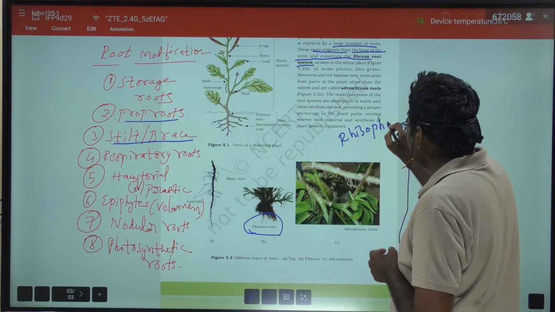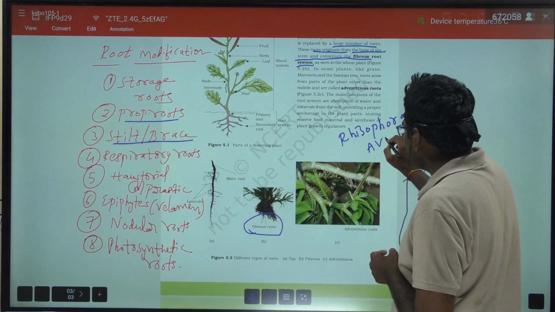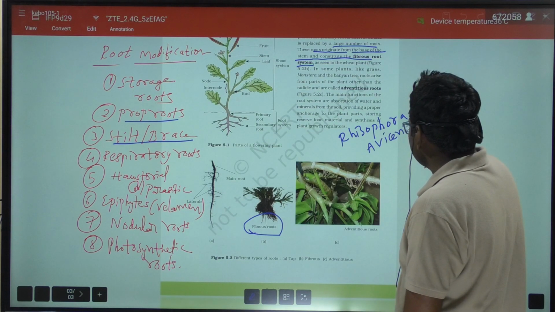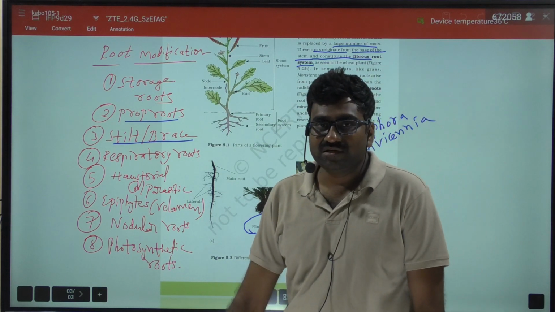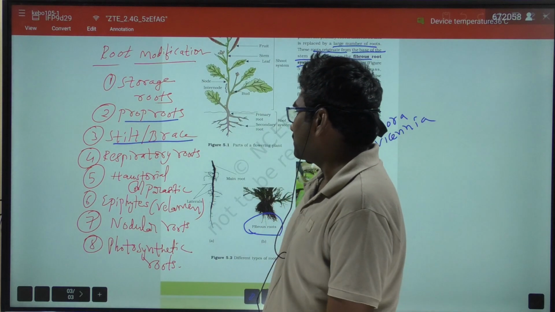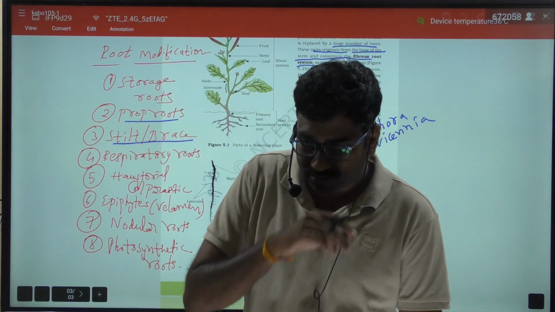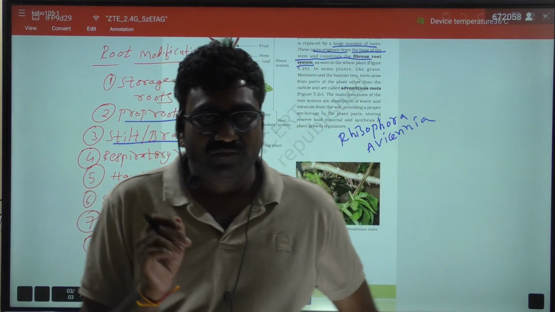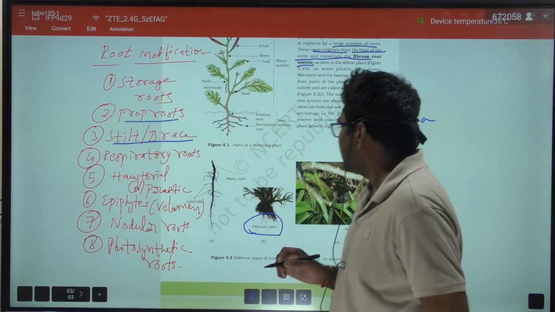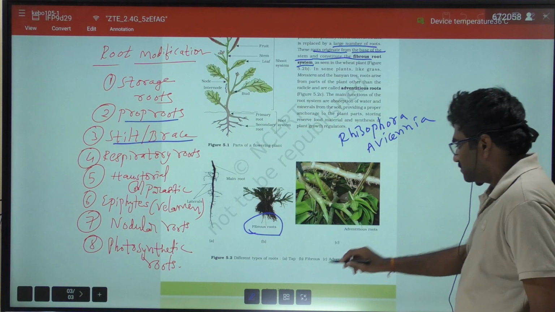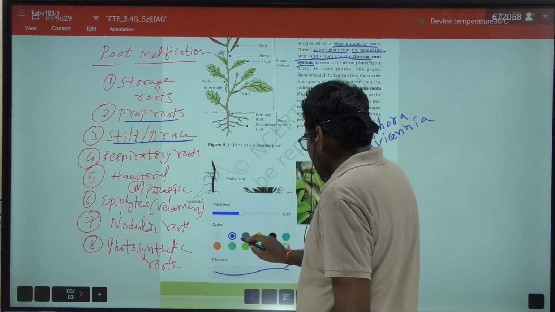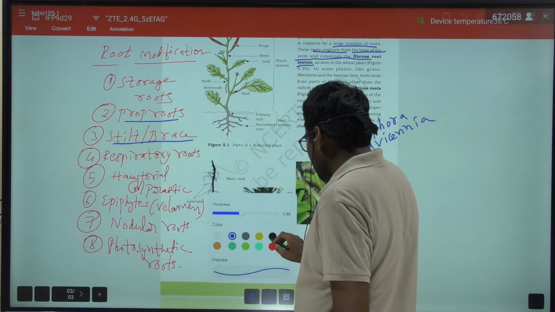Rhizophora and Avicennia are the best examples for the respiratory roots or breathing roots. And here the roots possess minute pores, and these pores are called pneumatophores.